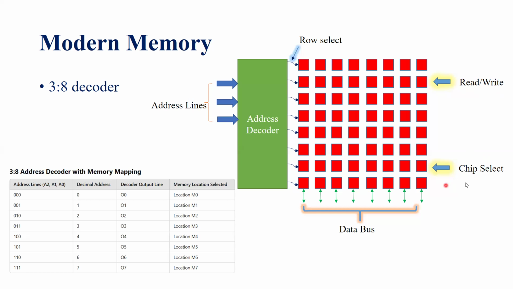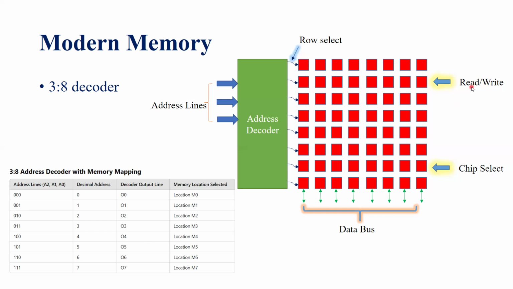When you place logic 0 or 1, depending on your memory logic, your chip gets activated. If this signal is not activated, your chip is disabled. When this signal is activated, your chip is enabled. Once you enable your chip, you have to provide another control signal that tells whether you are reading the data or writing the data, depending on the logic 0 or logic 1 you put here.